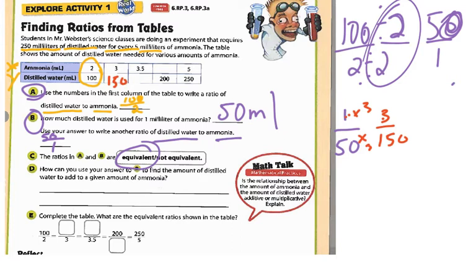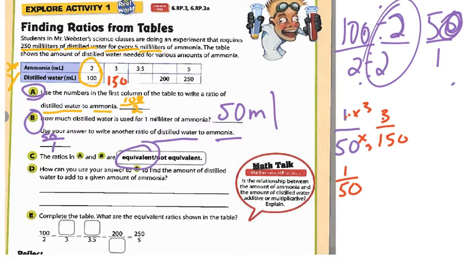Okay? Then I'm going to again take my 1 over 50. To complete this table, I'm putting that ratio into simplest form to figure out what's missing. Because that makes it easier with these ones that aren't friendly numbers, like the 2 over 100, to figure out.